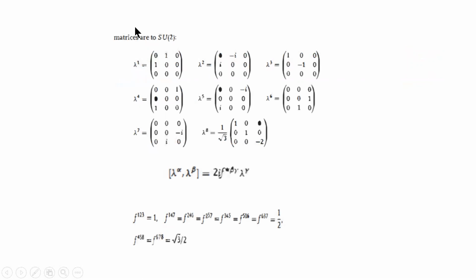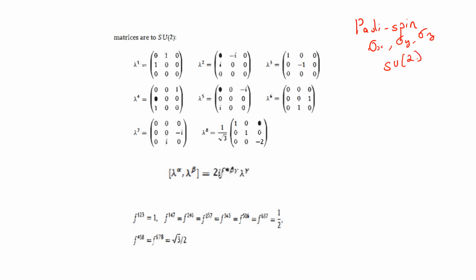So we'd seen about the Pauli spin matrices that were essential. So we had 3 spin matrices, sigma x, sigma y, and sigma z. So this had an SU2 representation.